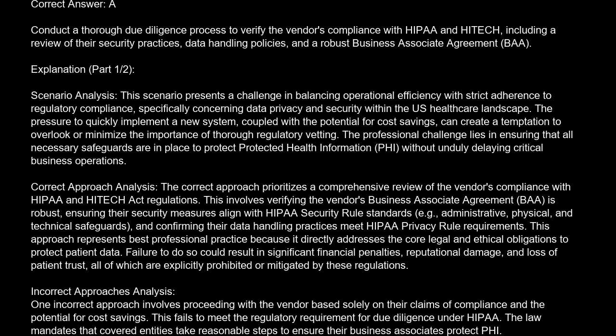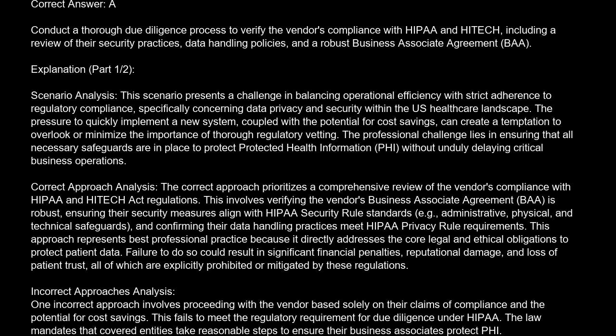Correct approach analysis. The correct approach prioritizes a comprehensive review of the vendor's compliance with HIPAA and HITECH Act regulations. This involves verifying the vendor's business associate agreement (BAA) is robust, ensuring their security measures align with HIPAA Security Rule standards, e.g., administrative, physical, and technical safeguards, and confirming their data handling practices meet HIPAA Privacy Rule requirements.